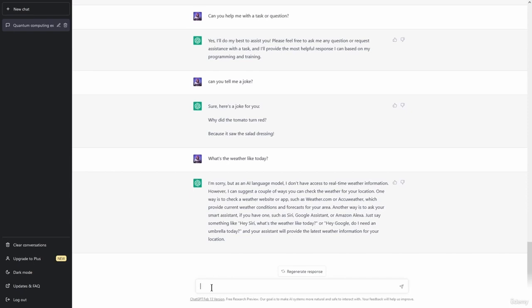So, it's very important that you understand that while ChatGPT does have the ability to suggest that you check the weather in your location and make suggestions about different weather apps, it cannot actually access real-time information. So please keep that in mind when you start to interact with ChatGPT.